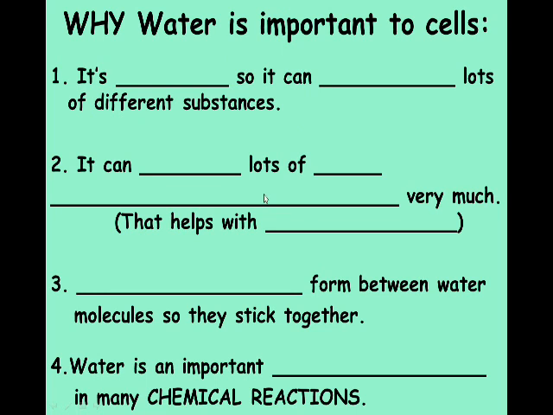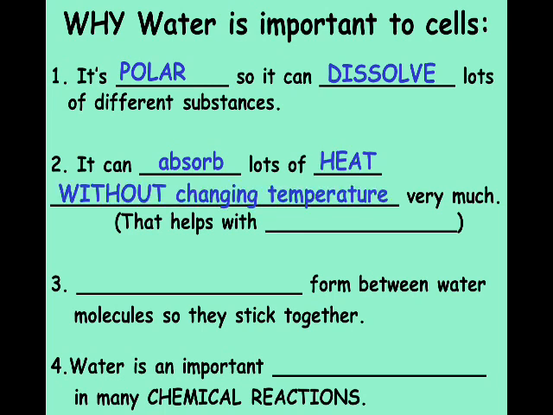Why is water so important? Remember, water is a polar molecule, and it makes it able to dissolve lots of other polar molecules that are important for living things. It's what we call a solvent. Water can also absorb a lot of heat without changing temperature very much. And that's really important.